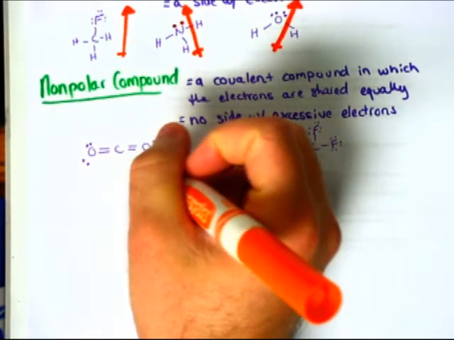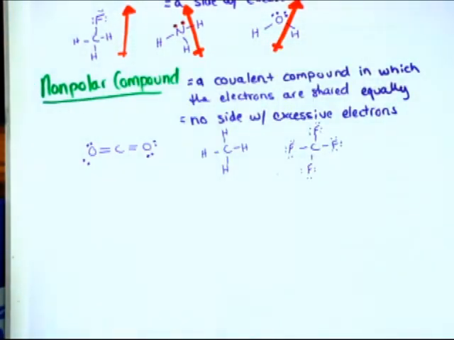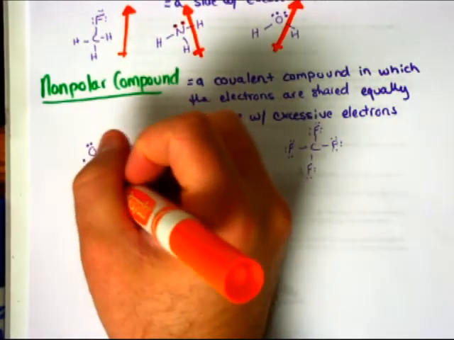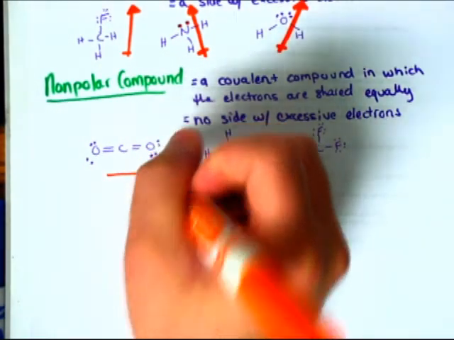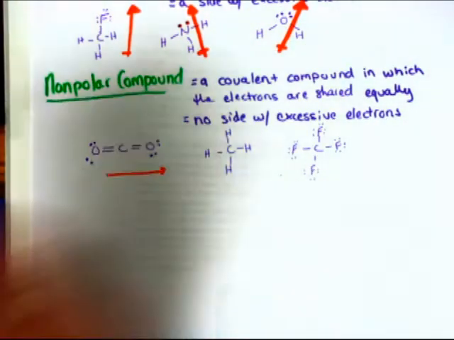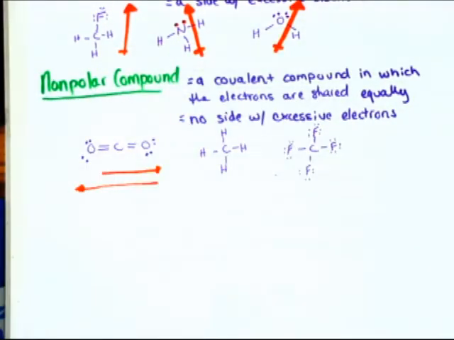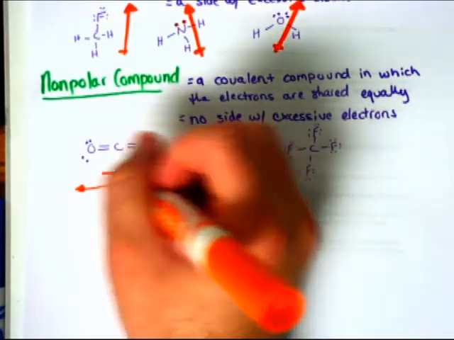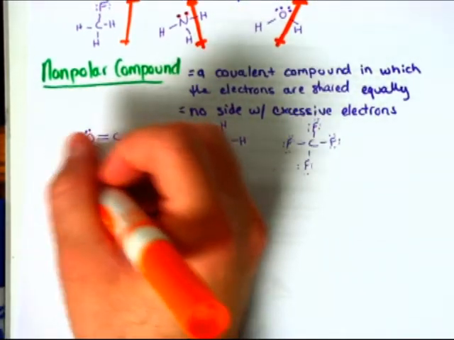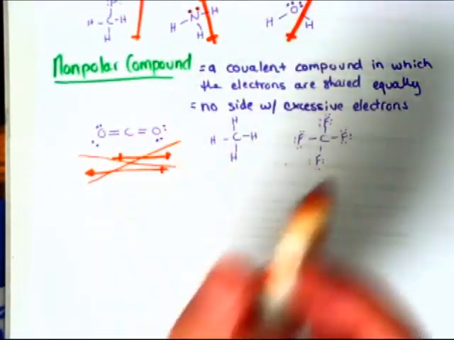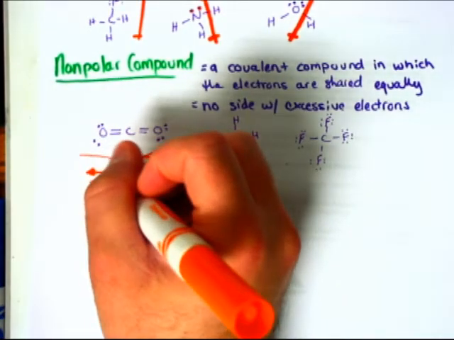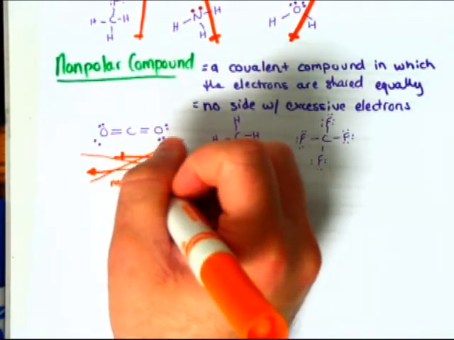Can I draw an arrow to a side of heavy electrons in CO2? I could draw one over here, right? But can I also draw one in the opposite direction? It's kind of like they cancel out. When they have that effect of both sides, they cancel out. You have something that's nonpolar.